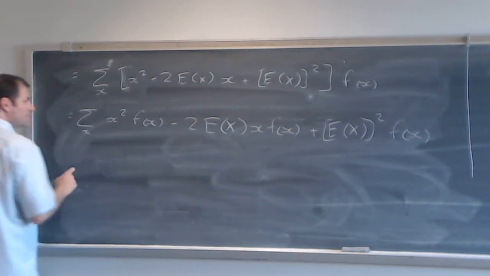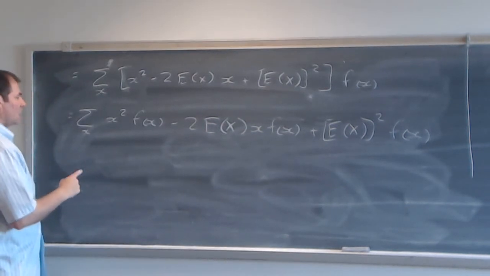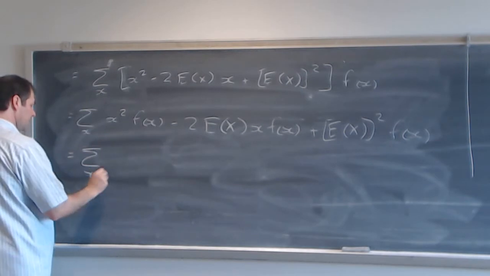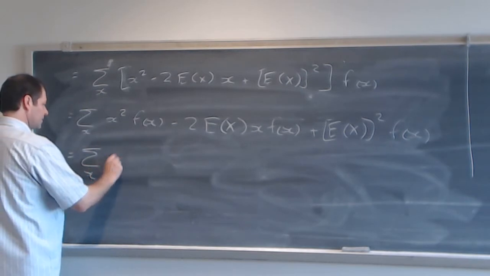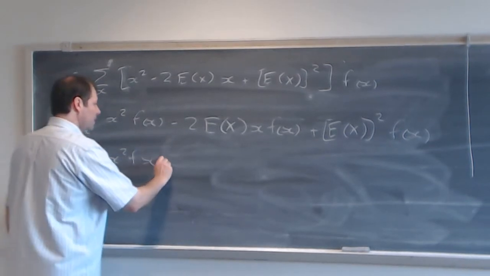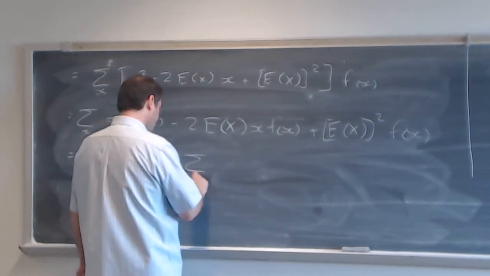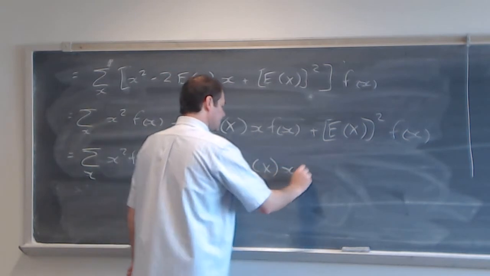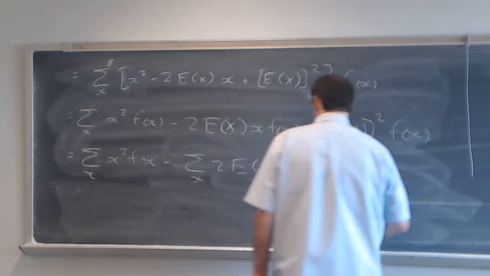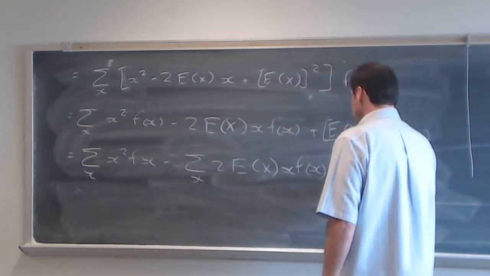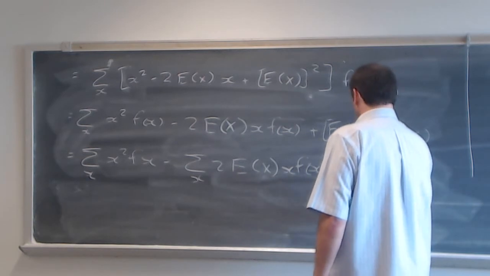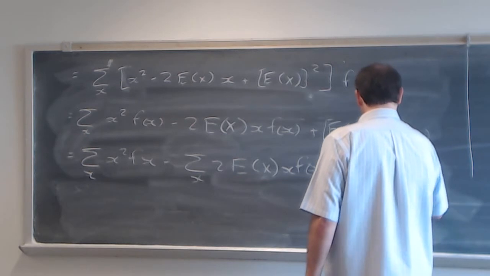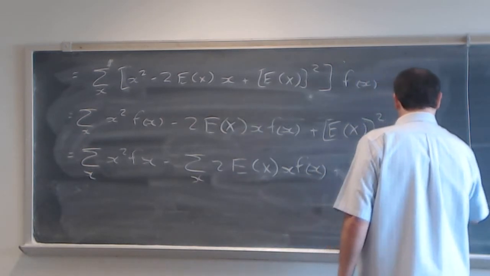And then we can break this sum of several things into several sums. So the sum over the x values of x squared times f of x, minus the sum over the x values of 2 times the expected value of X times f of x, plus the sum over the x values of the expected value of X squared times f of x.